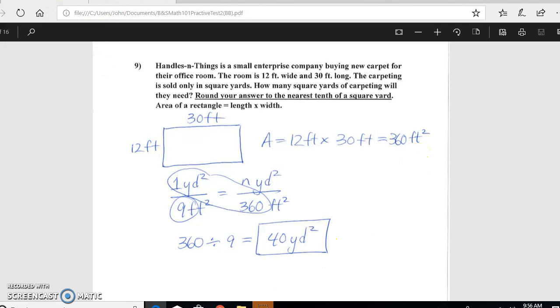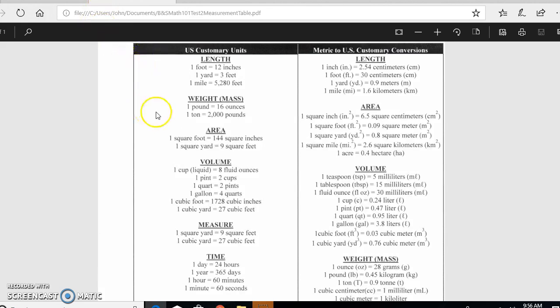So we're going to go over to our formula sheet, and we're dealing with US units only, and we're dealing with area. So we're going to look in this section of the chart, and we have a formula right here. 1 square yard is equal to 9 square feet. That's the formula that we're going to use.